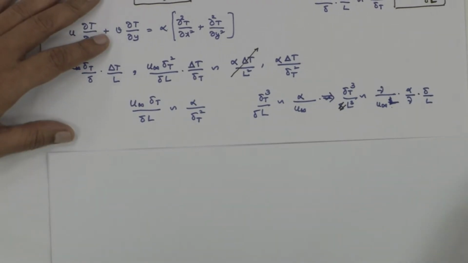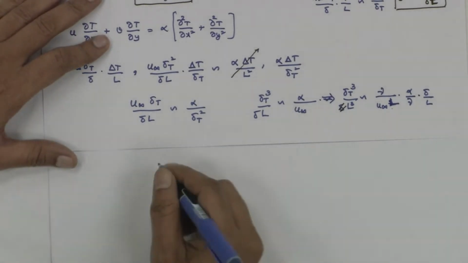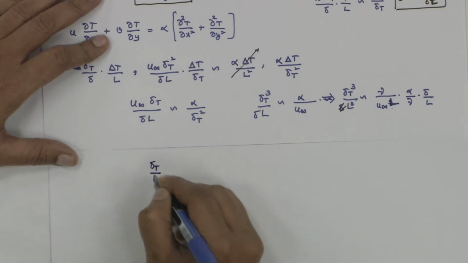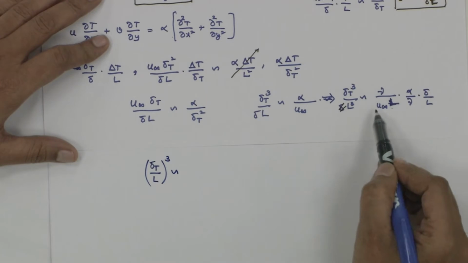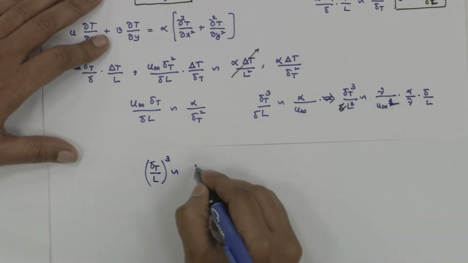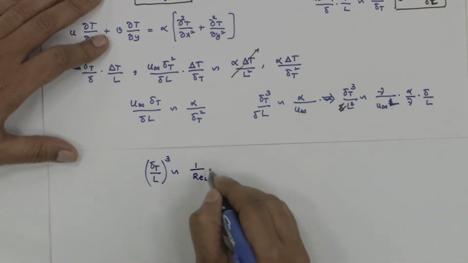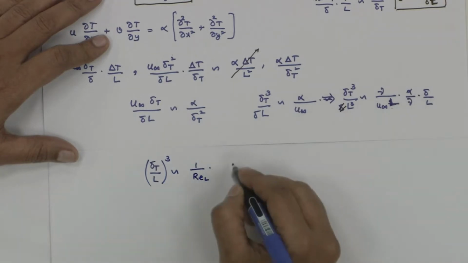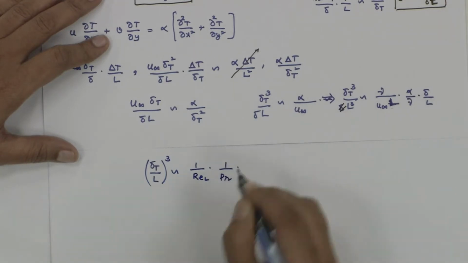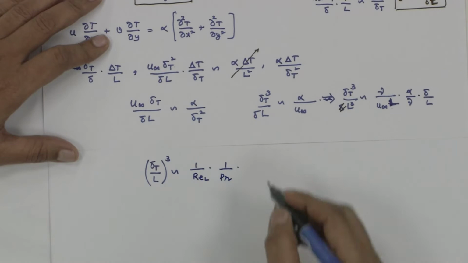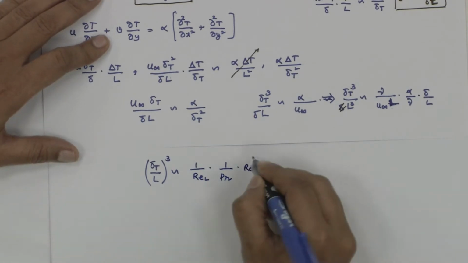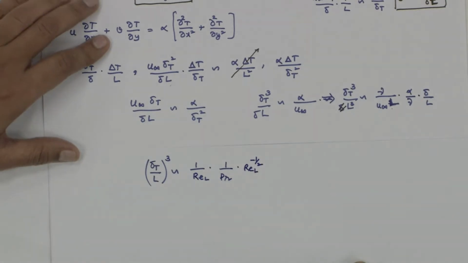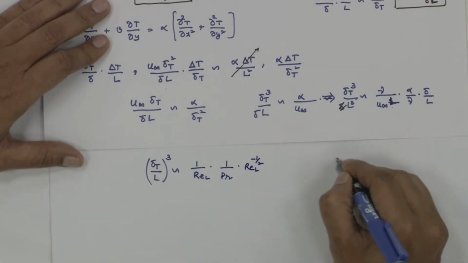del T by L whole cube is of the order of, you see here, nu by U infinity L is nothing but 1 upon REL, into alpha by nu, which is 1 upon Prandtl number, and delta by L is nothing but REL to the power of minus half. We had derived this just in the last module.